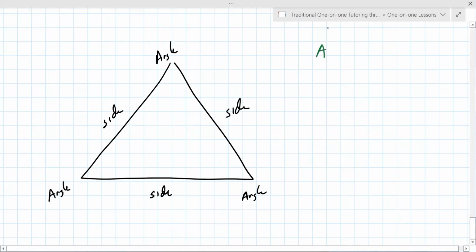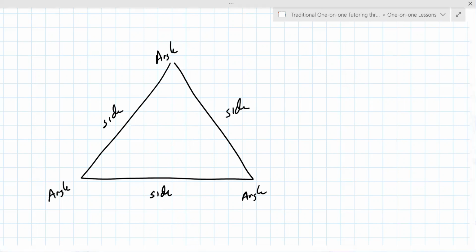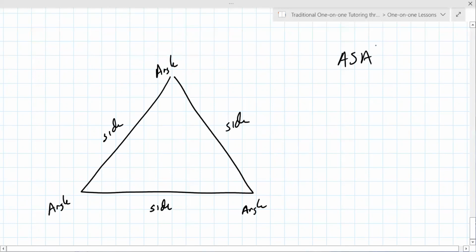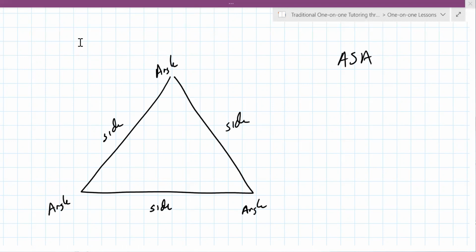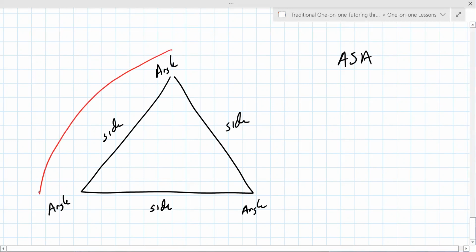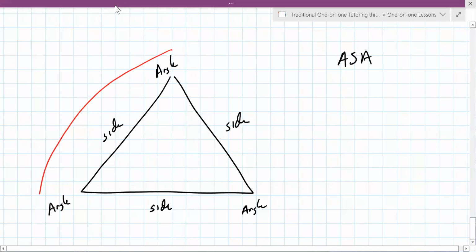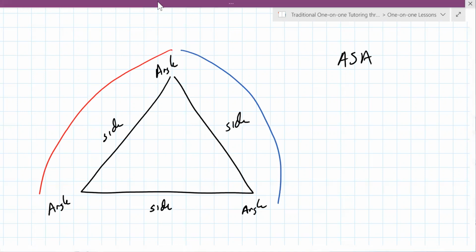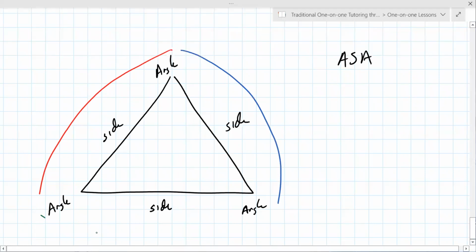Again, you have these paths that you can't just make up. You start with an angle, a side, and then an angle. And then there's another possibility that it's this other angle, side, angle, or perhaps it's the other angle, side, angle. But there's an order there that has to be the case.